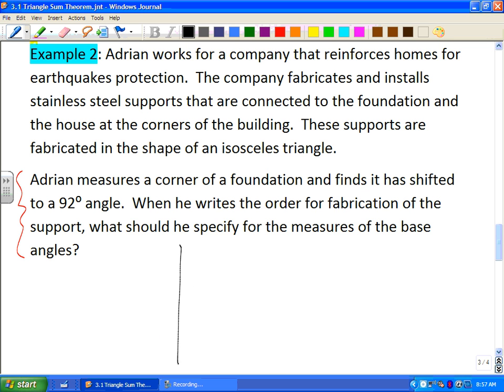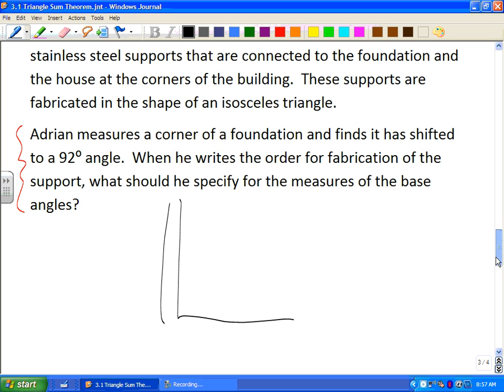All right, so I have the concrete support. And now we come in. So we have this triangle in the middle.